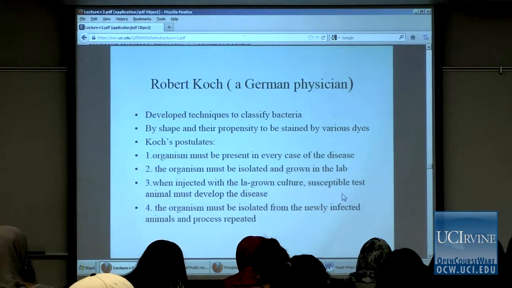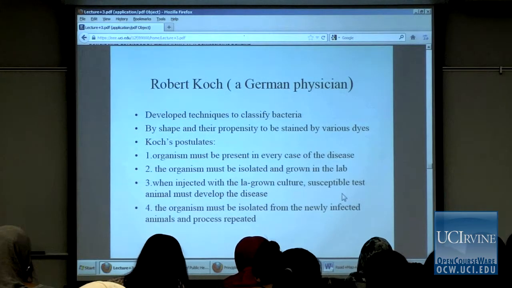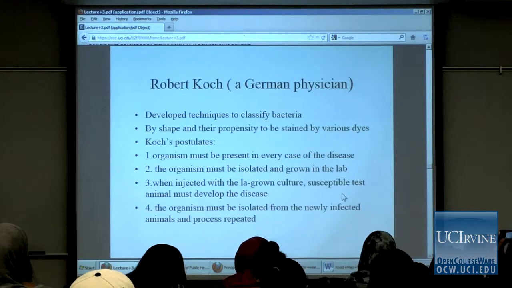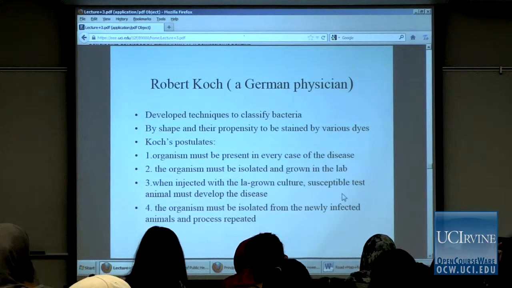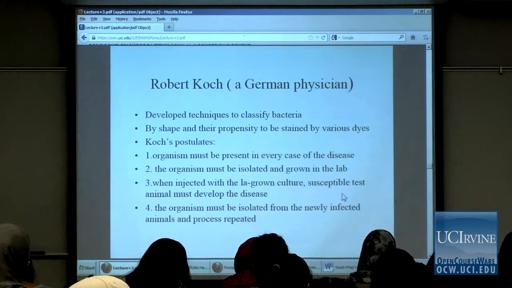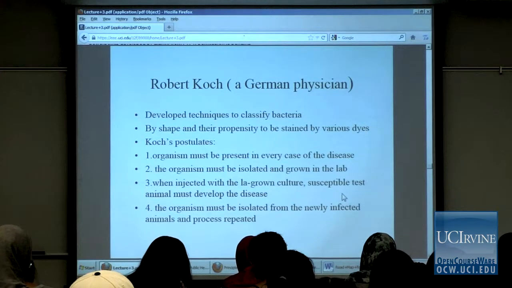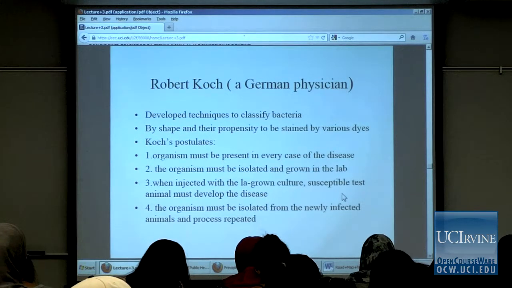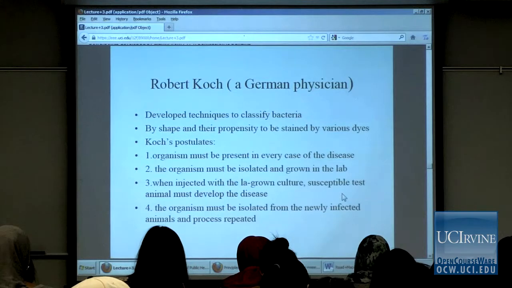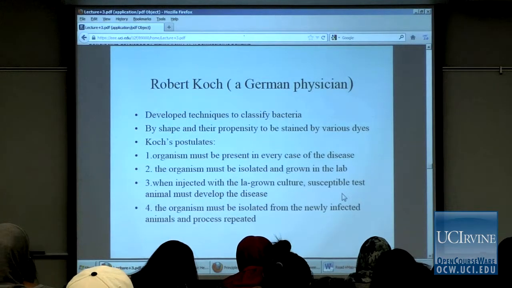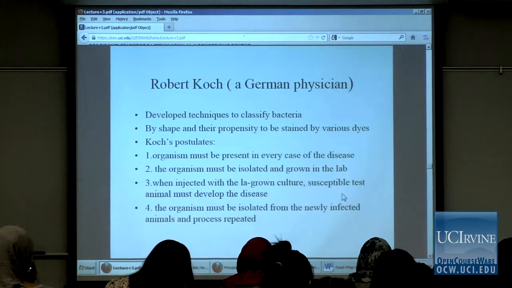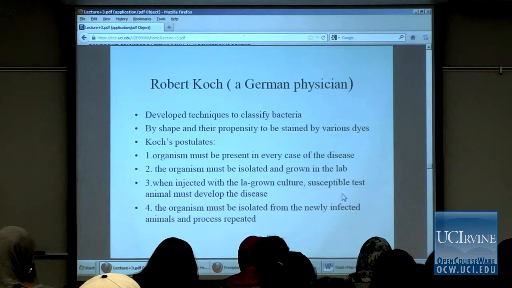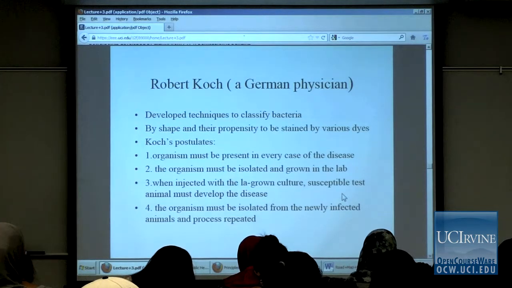So it means the organism must be present in every case of the disease. That's actually like a definition. The organism must be isolated or grown in the laboratory. Then, if it's injected into whatever place that is, or if they did the experiments with animals at the time, it must cause the disease.